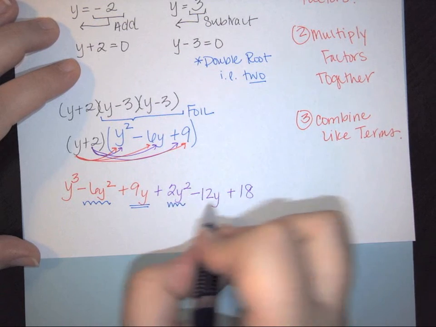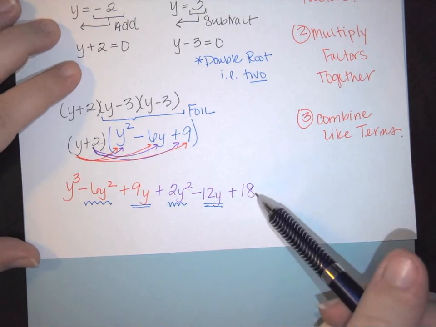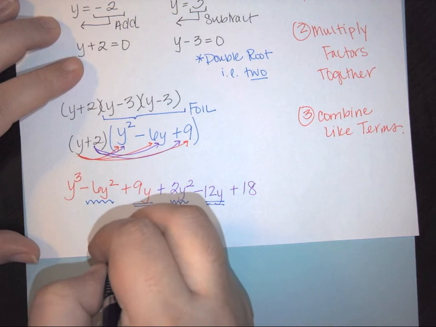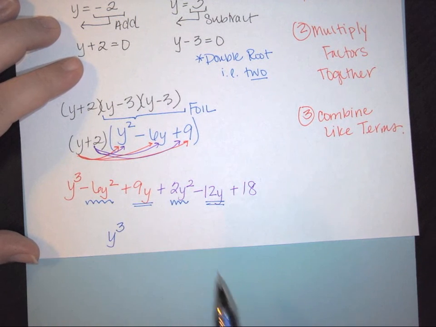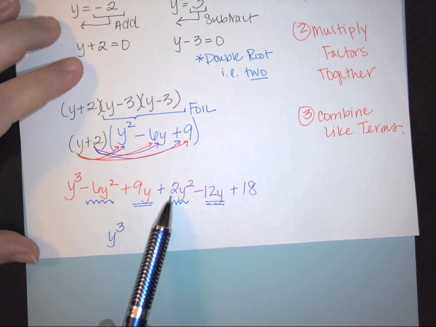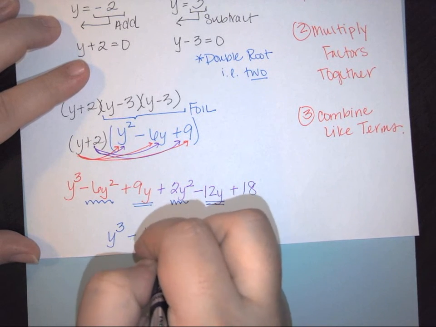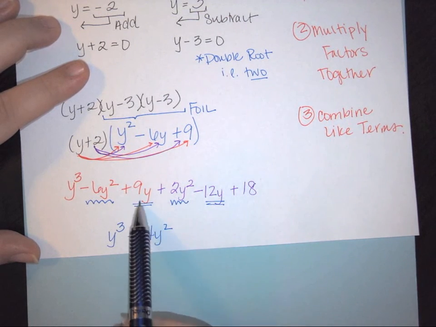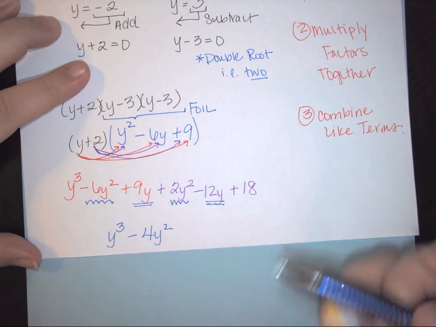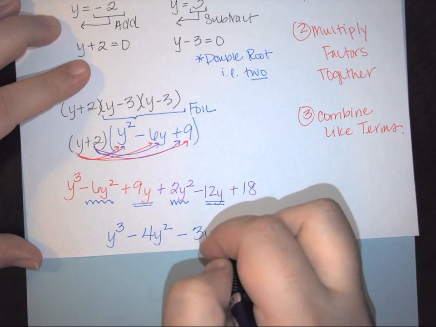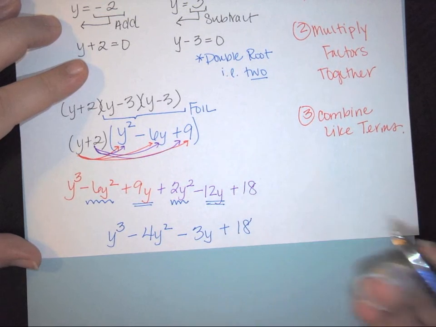I've also got a single y and a single y, and then I've got my constant here. So this is going to become y cubed. Negative 6 plus 2 is going to give me a negative 4y squared. 9 minus 12 is going to give me a negative 3y plus 18.